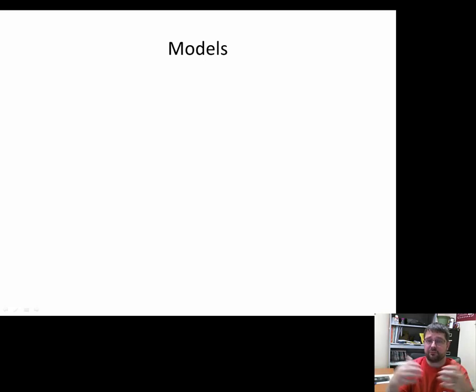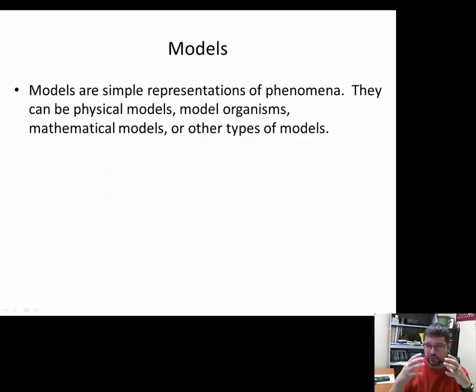These are predictive models. So if A and B and C occur, then D will occur. And that's, from an ecologist or an environmental scientist or natural resource manager, exactly what you want. You want to try to develop a model.